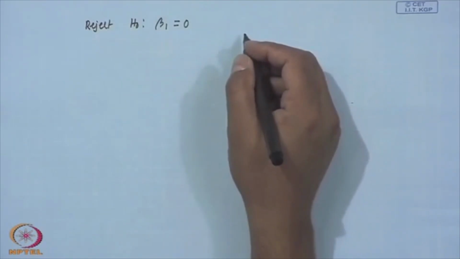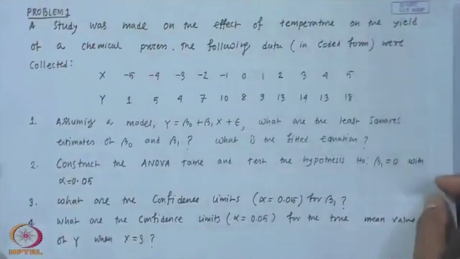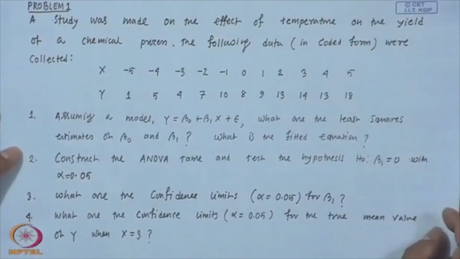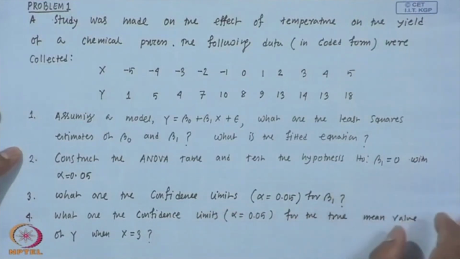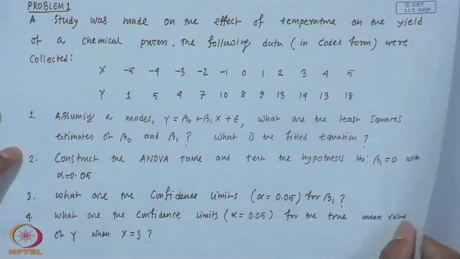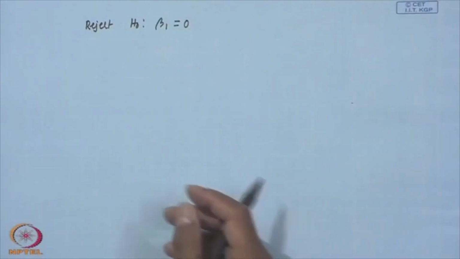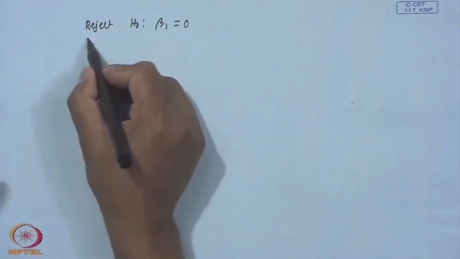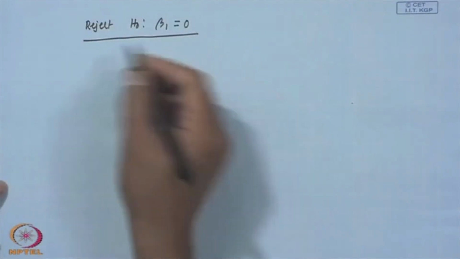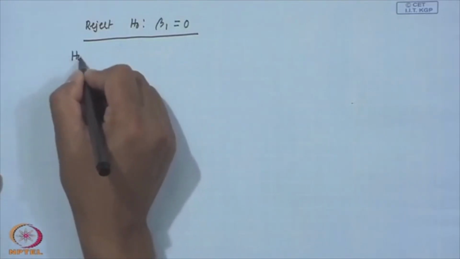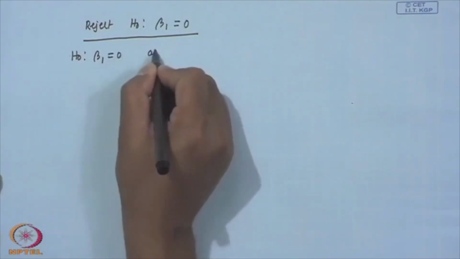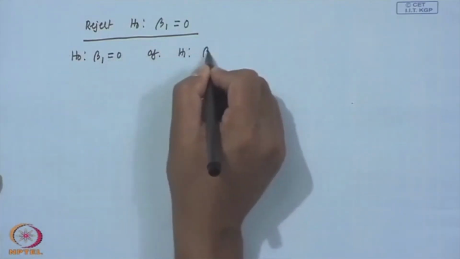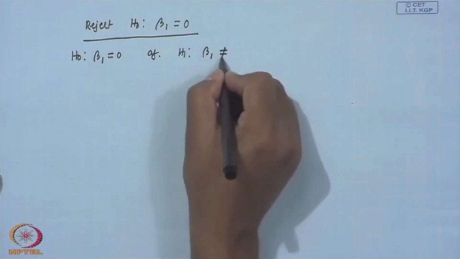Okay. So, the next problem is, what are the confidence limits for beta 1. Okay. So, we have a point estimate for beta 1. Now, we will find the confidence limits for beta 1. Before doing that, maybe you know already, but I want to say that there is another way to test this hypothesis, H naught: beta 1 equal to 0 against H 1: beta 1 not equal to 0.